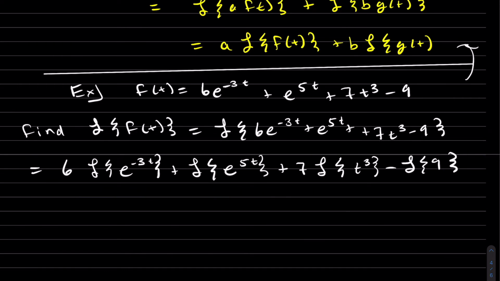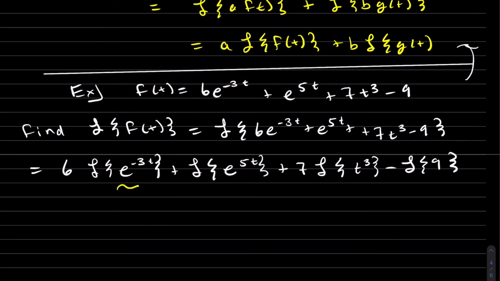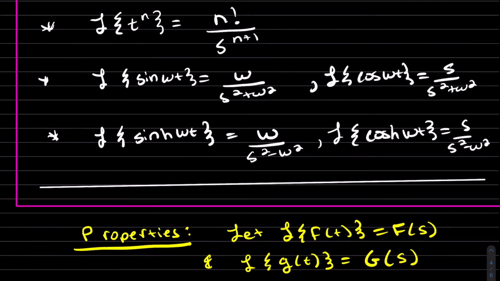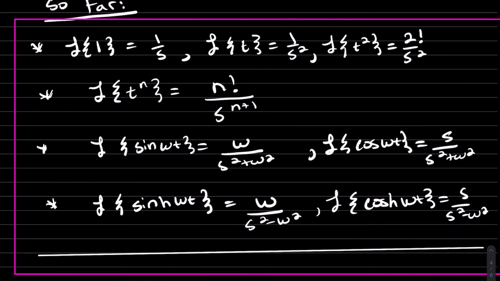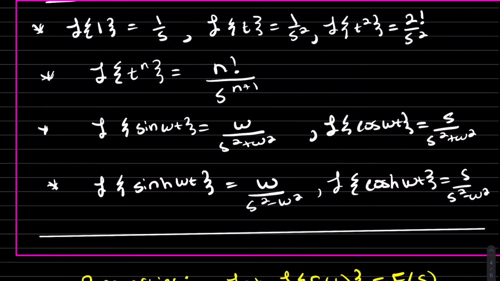Okay, let's do this. So e to the minus 3t. Oh, we didn't write the e one on here, did we? We'll squeeze it in here. Laplace of e to the at is 1 over s minus a.